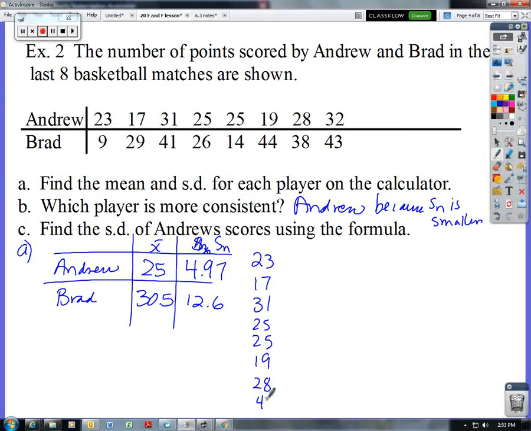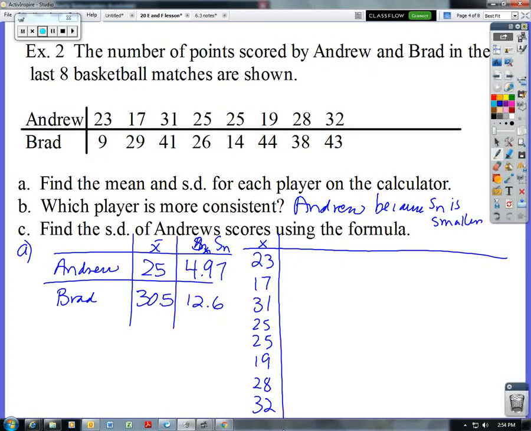I hope, did I just write Brad's down? 23, 17, 31, 25, 25, 19, 28. I almost wrote 43. It's supposed to be 32. So those are the X's for Andrew.